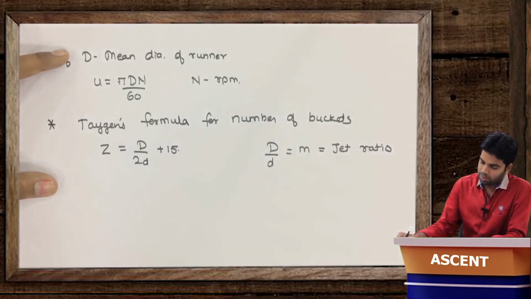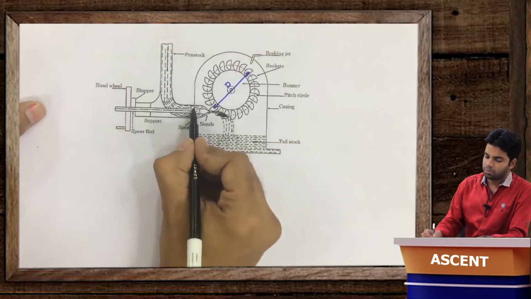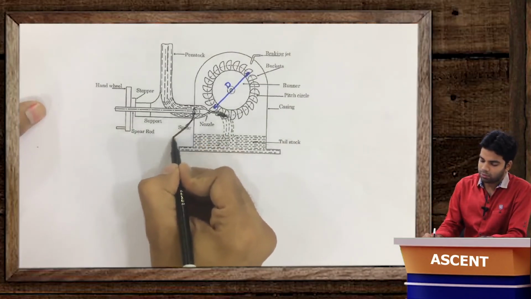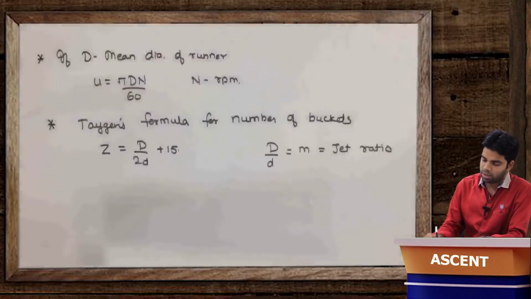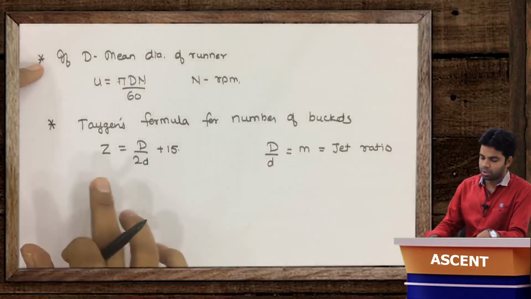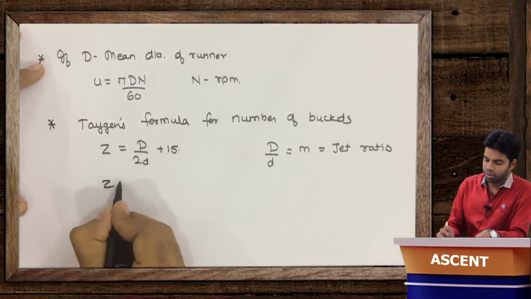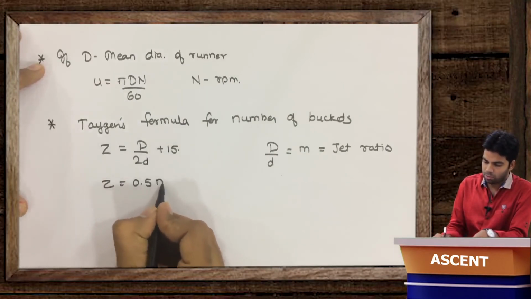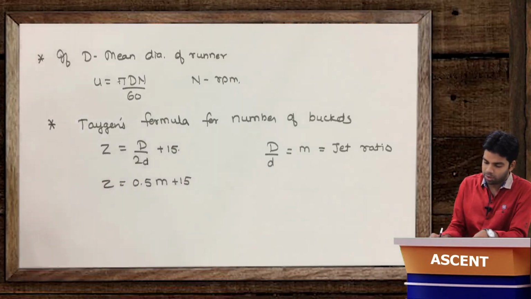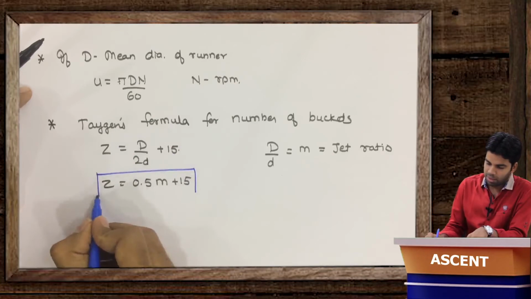Capital D, as I told you, is the pitch circle diameter, and small d is the diameter of the jet. So the ratio of capital D by small d is the jet ratio, and Z is equal to D by 2d plus 15, or you can say Z is equal to 0.5 m plus 15. So this is an important consideration while designing this Pelton wheel turbine.